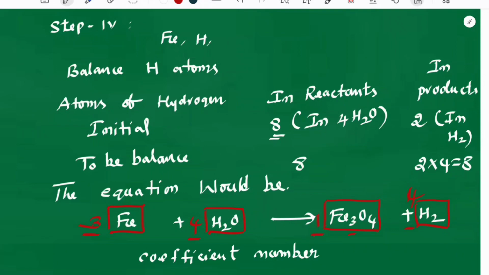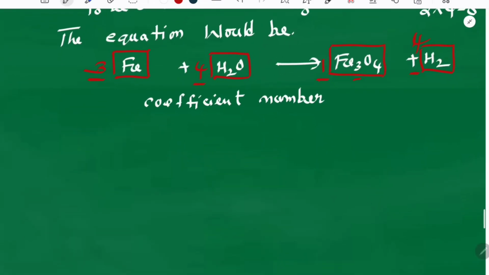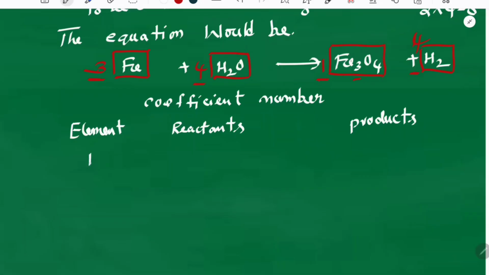We did it in the first equation, and the same method we can use. Let me show you. Write the reactants on this side and products on this side, with the elements: iron, hydrogen, and oxygen. So check the reactant side.